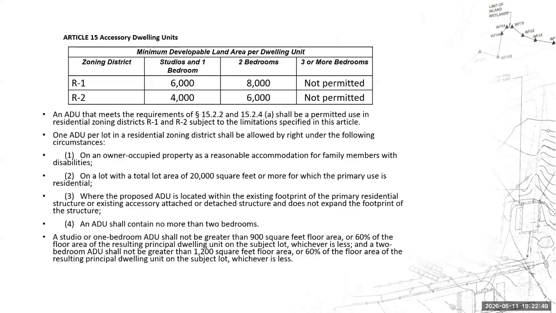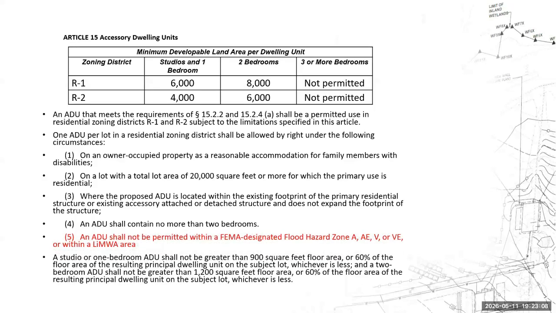This is a case where it's not a clear 200 unit apartment building, but over time, if ADUs are allowed in the flood zone and one person gets them, their neighbor gets them, up the road gets them, and eventually you have 20 or 30% more density in the residential area. So we might recommend in this situation that a stipulation is added that an ADU shall not be permitted within a FEMA flood hazard zone.